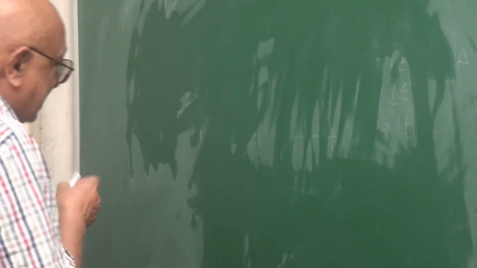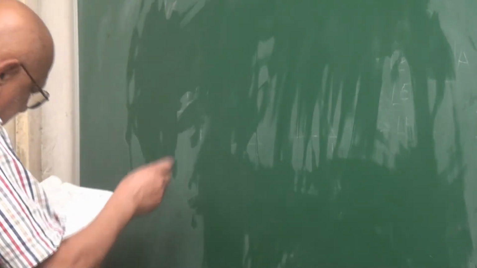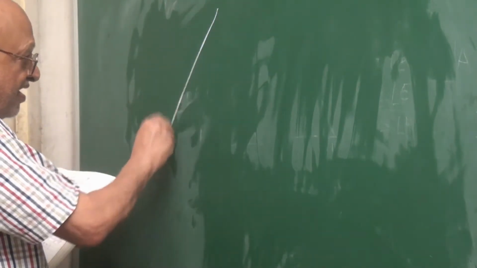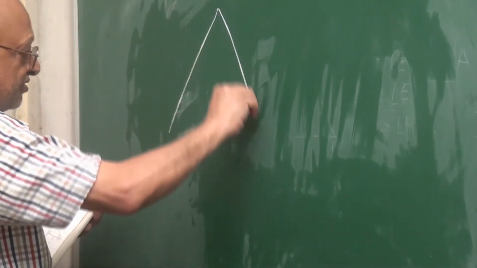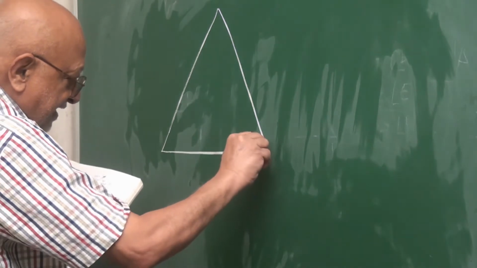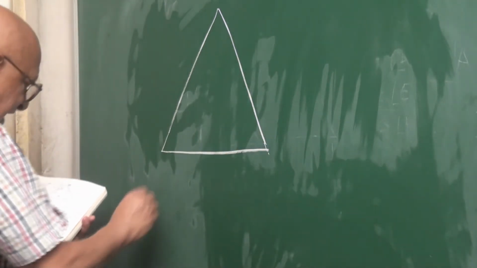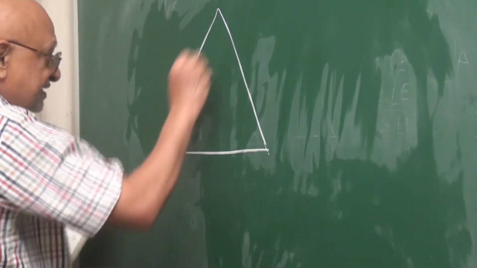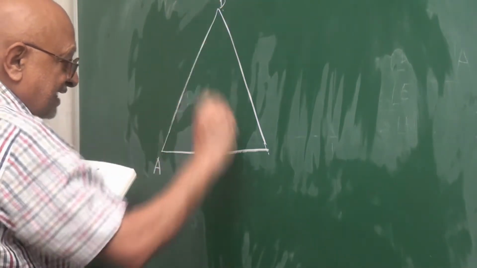Okay, so here I have a triangle, and remember the nomenclature, how I am doing this. This is A, this is B, and this is C.